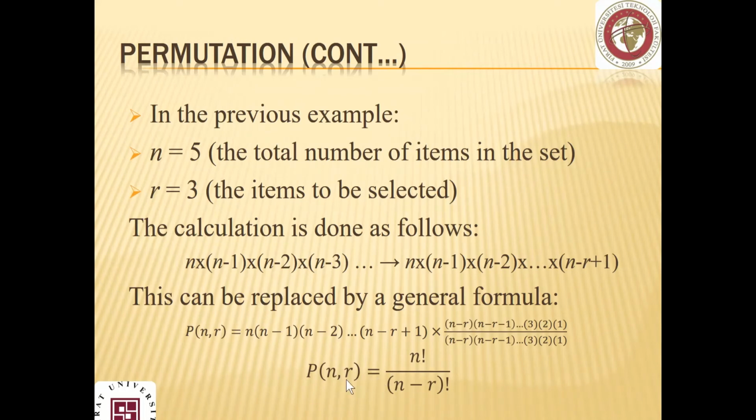We can use this way, the permutation of r taken from n, that is n factorial divided by (n minus r) factorial. So we exclude r from the whole set, and we divide the factorial of the full set by the factorial of the full set minus the subset.